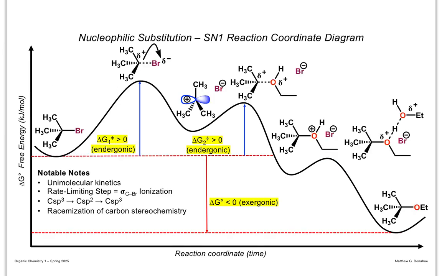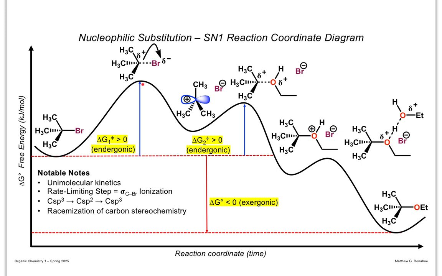So here it is now with a lot more stuff. What is happening at each step in terms of a transition state or an intermediate. From your starting material, the tertiary bromide, notice that arriving at that first transition state, that's the highest you have to climb.